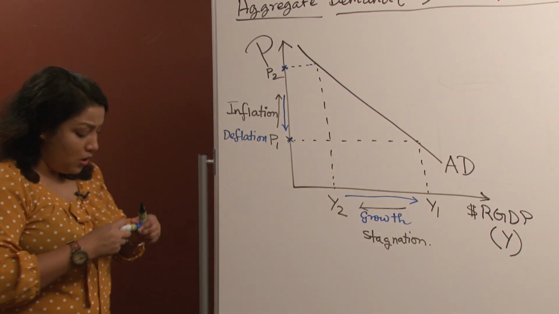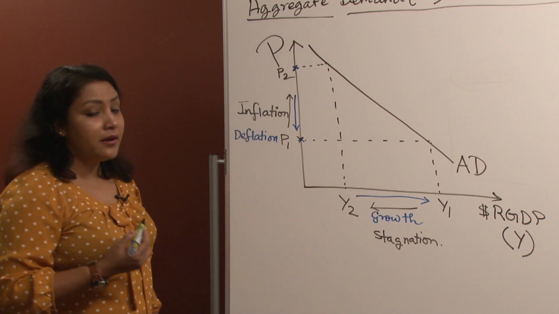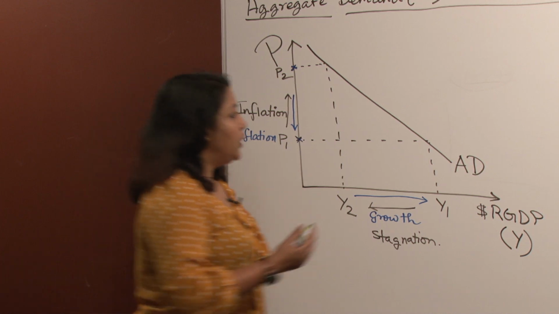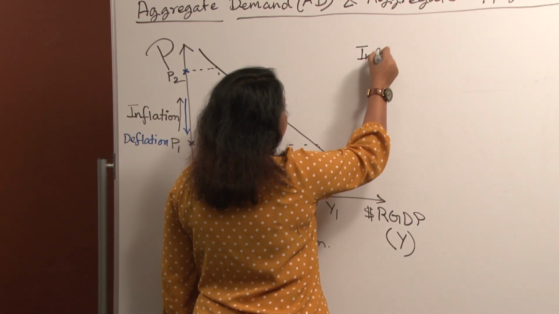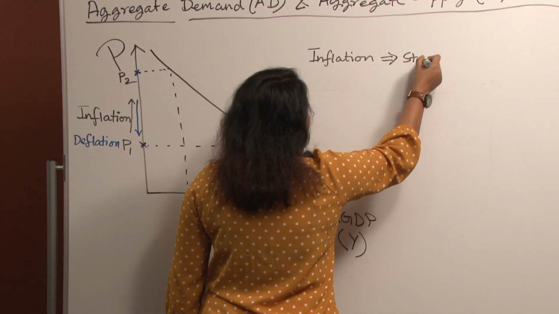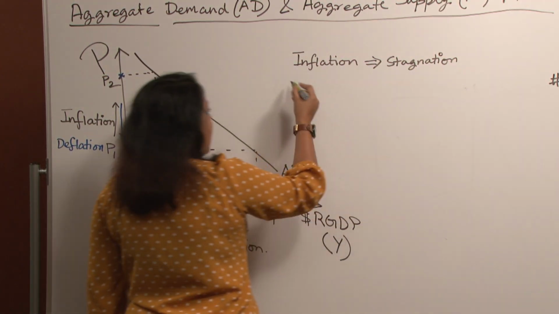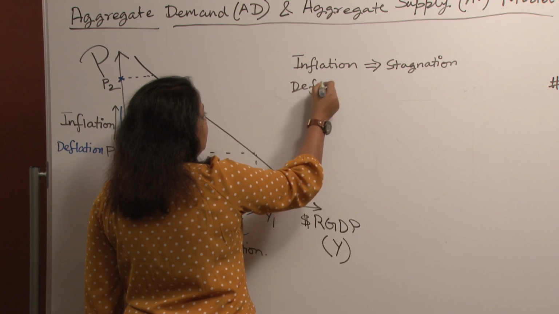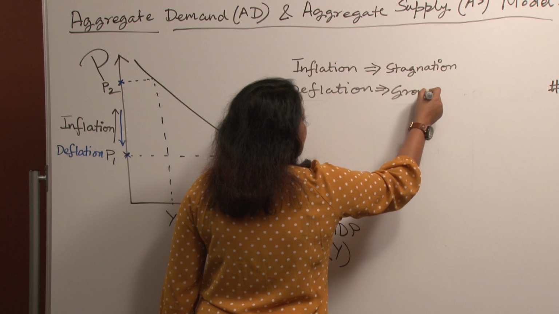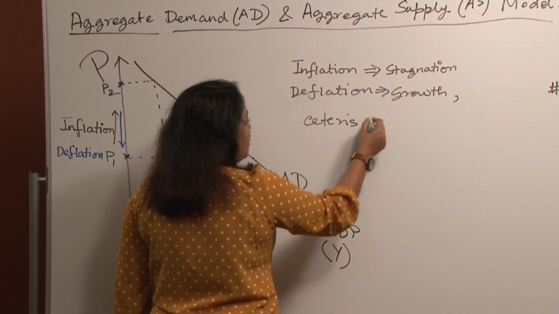Okay. So, we can say that given the downward sloping aggregate demand curve, given that the law of demand holds at the macro level, inflation would lead to stagnation and deflation would cause growth, given everything else in the economy stays the same.